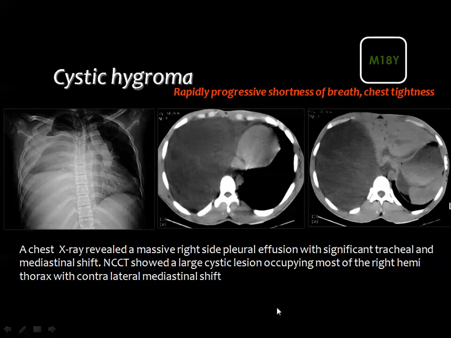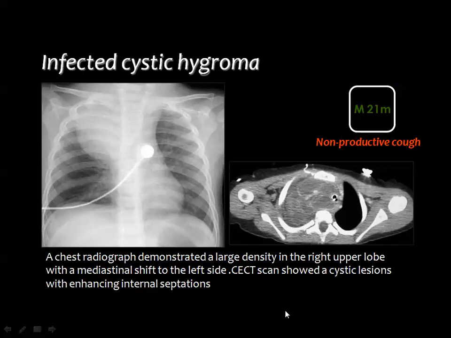And this was proved to be a cystic hygroma. And cystic hygroma, similar to any other cysts anywhere in the body, may become secondarily infected, and it will turn at that time into an abscess, showing the criteria of an abscess, including the enhancing margin, the internal septations, and so on.